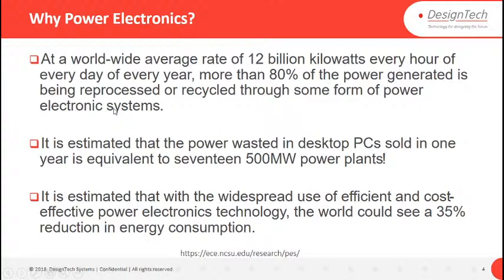So 80% of the electricity we get is reprocessed. It is estimated that the power wasted in desktop PCs sold in 1 year is equivalent to 17,500 megawatt power plants. So we need to design power electronics that are energy efficient, and we have to reduce those losses.